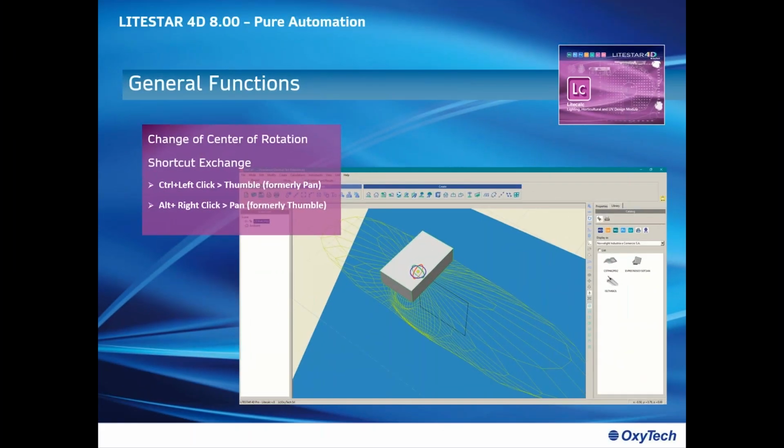Let's come now to the Light Calc, our lighting, horticulture, and UV design module. It is now managed in a different way from the point of view of the center of rotation. Before, the rotation was always in function of the absolute axis, the main axis.